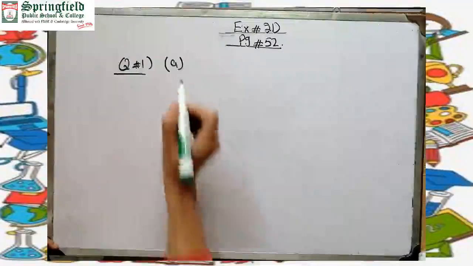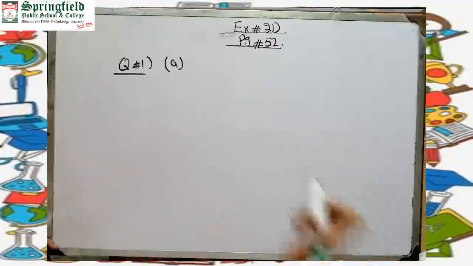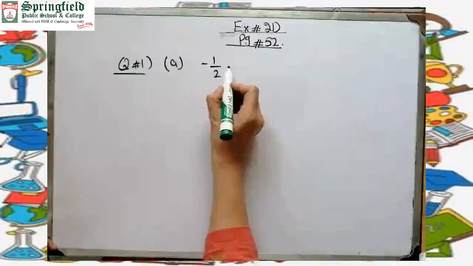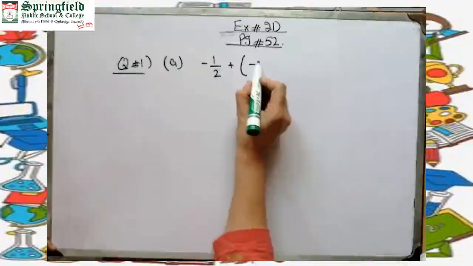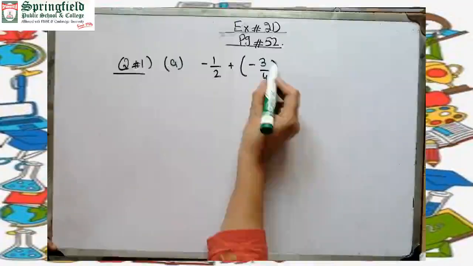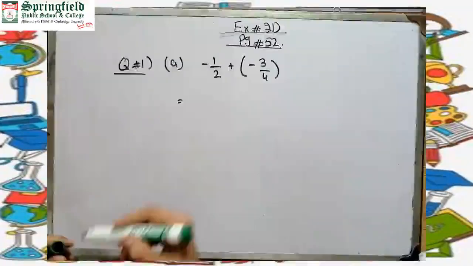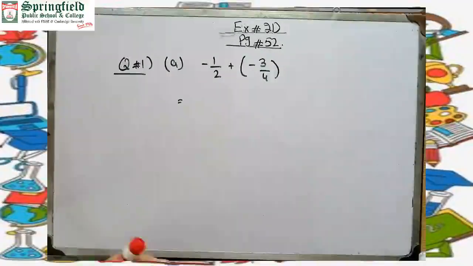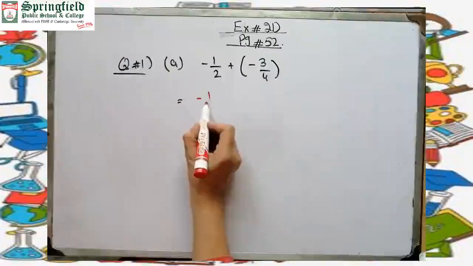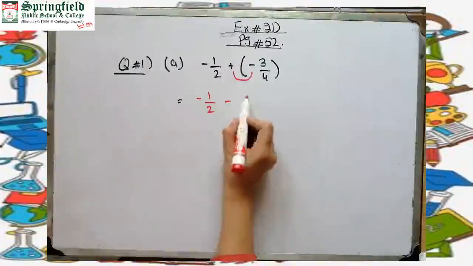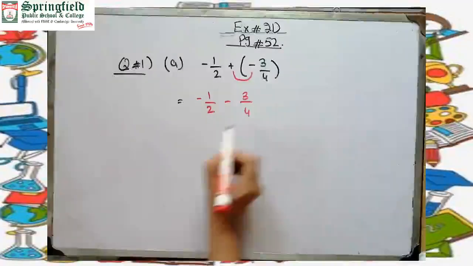In the A part, the A part is minus 1 by 2 plus small bracket minus 3 by 4. So how can we solve this question? Minus 1 by 2, open the bracket, plus minus 3 by 4.